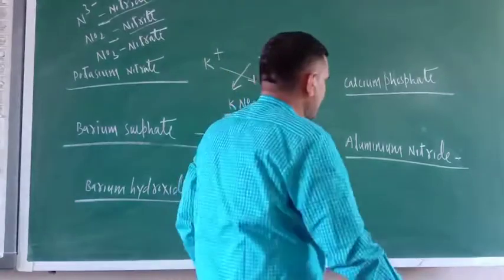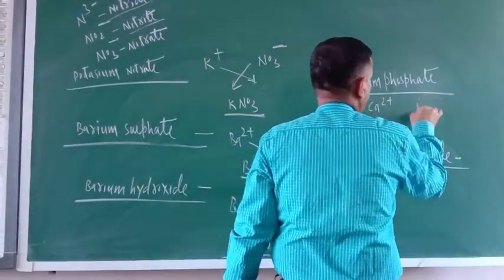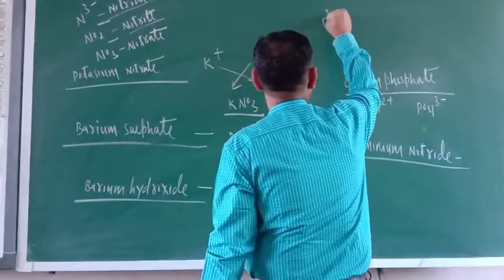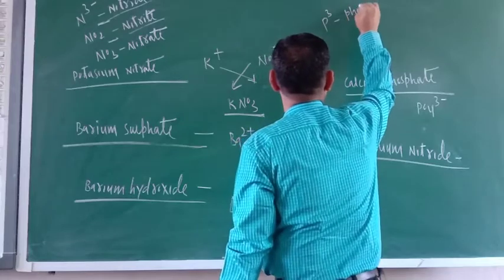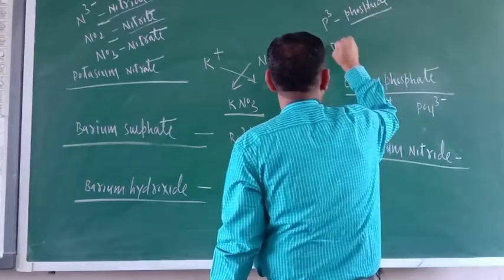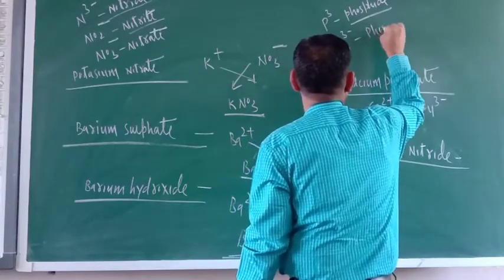What about this one? Calcium phosphate. Just see, calcium is 2 positive, phosphate means PO4, 3 negative. Always remember, P3 negative is phosphide. PO3 3 negative is phosphite.